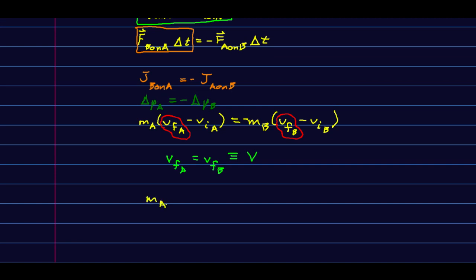We just have m_A (V minus v_iA) equals negative, I keep missing that negative, m_B (V minus v_iB). Now we have one unknown. So I'm going to take a pause to solve this. You should pause the video and work through it. You're going to solve for capital V. That's what we're after here.